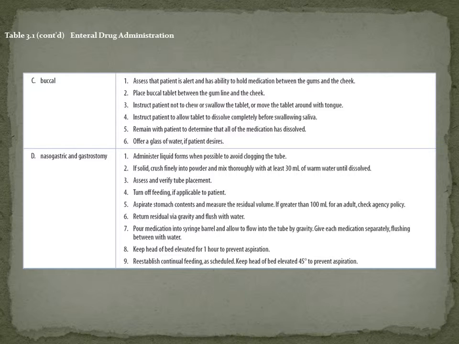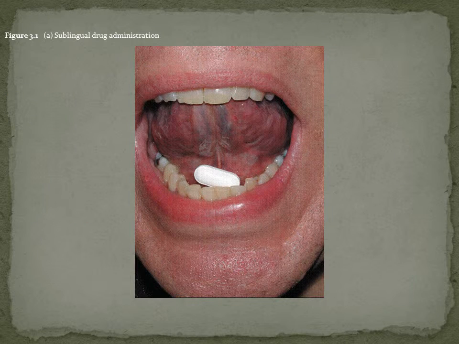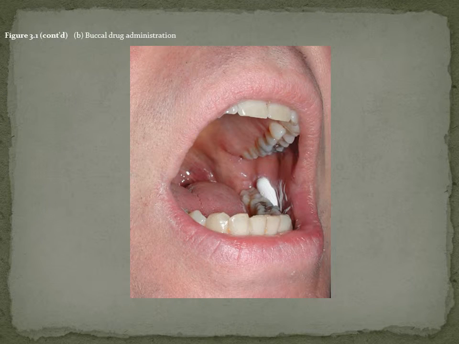We should flush basically before and after any meds are given in that NG tube. We've talked about the sublingual and buccal route, so I'm not going to go over that again.